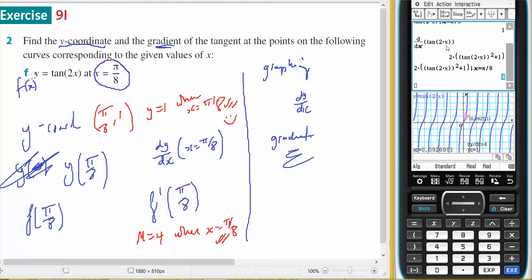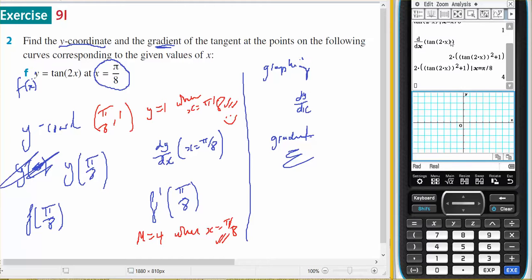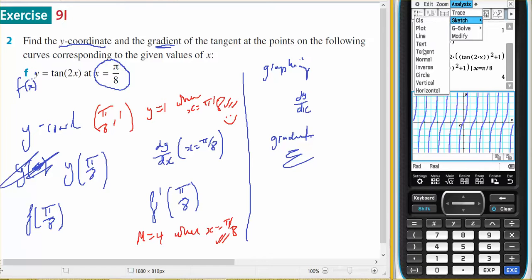What were the other ways that I can do it? Okay, if I come to here and go Edit, Clear All, I can take this, graph it, and go Analysis, Sketch, Tangent, and I need to put the tangent at pi on 8.